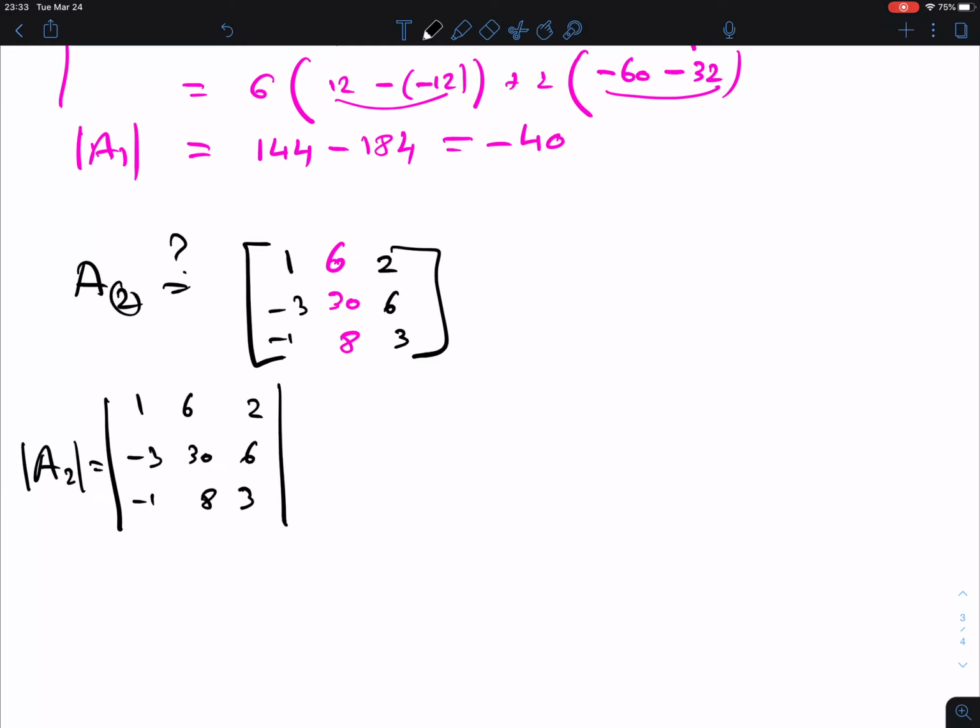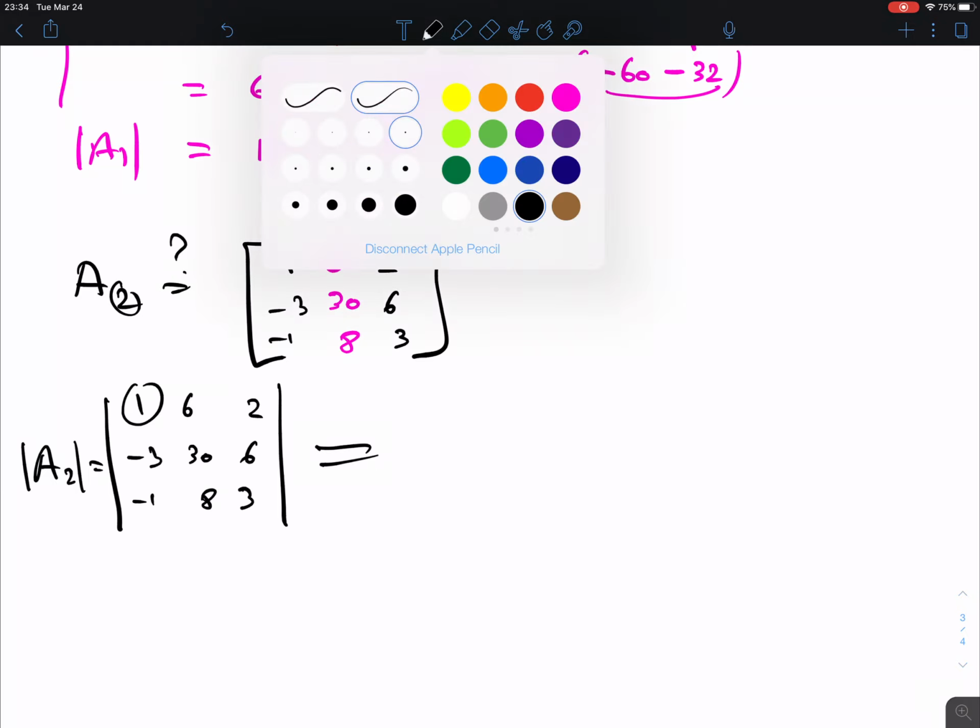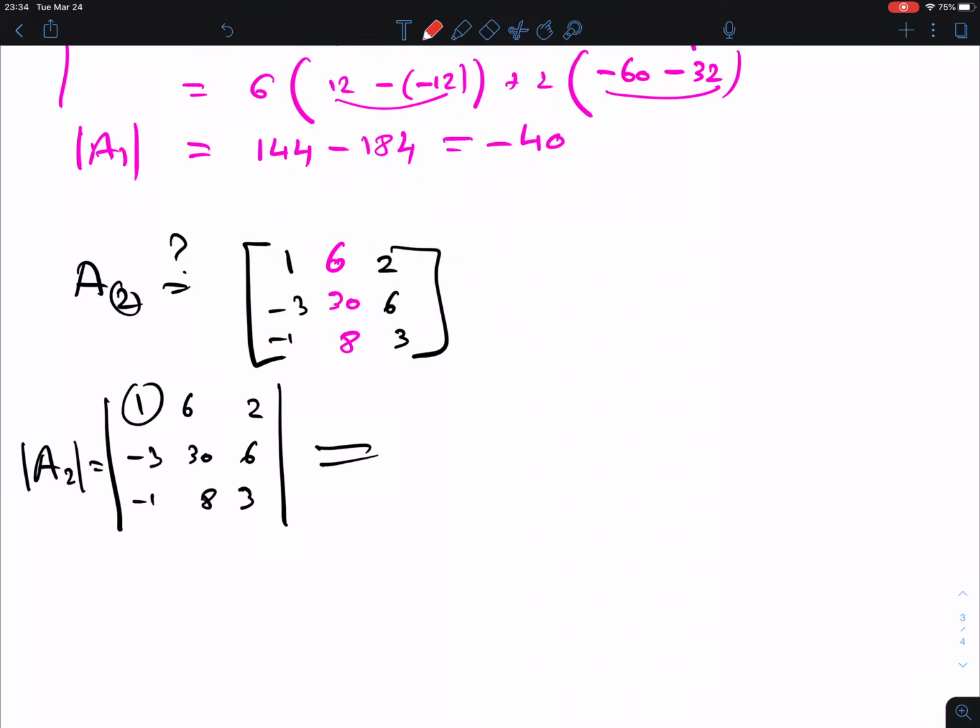This time I don't see any zeros. I'm going to do row reduction because I have a nice pivot here. I hope you see how to do this. Do this yourself before you continue with this movie. Row 2 plus 3 times row 1, row 3 plus row 1.